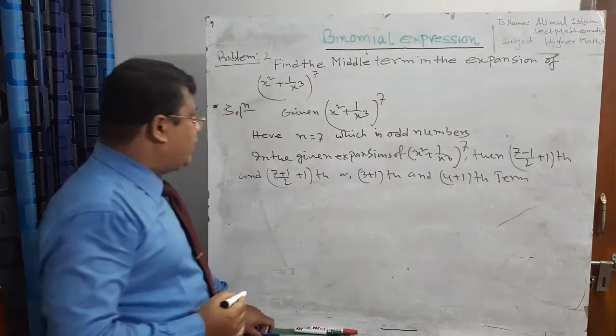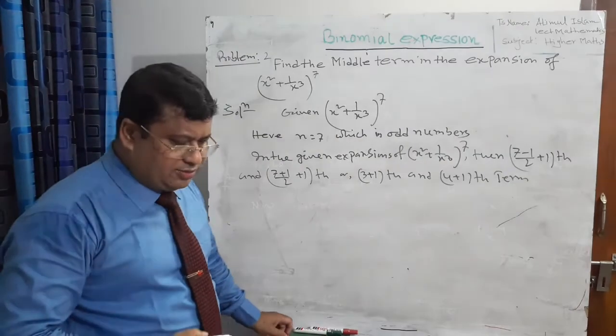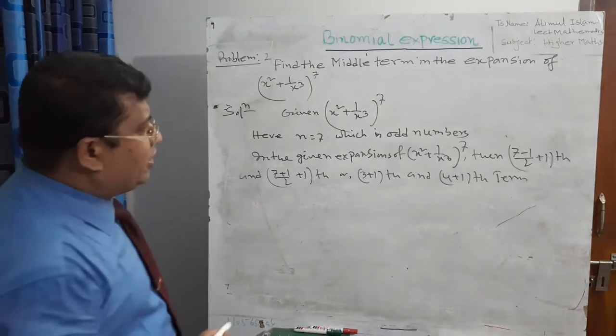Clear? There are two middle terms here. The 3 plus 1 term and the 4 plus 1 term are the middle terms.